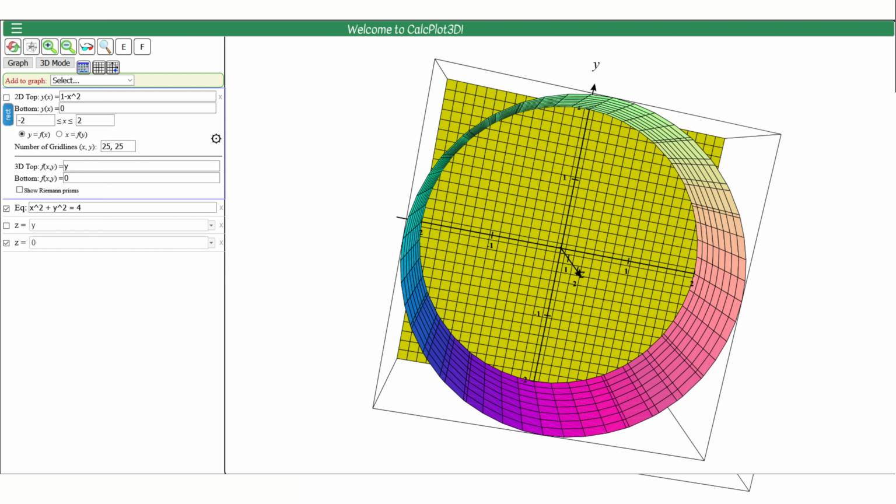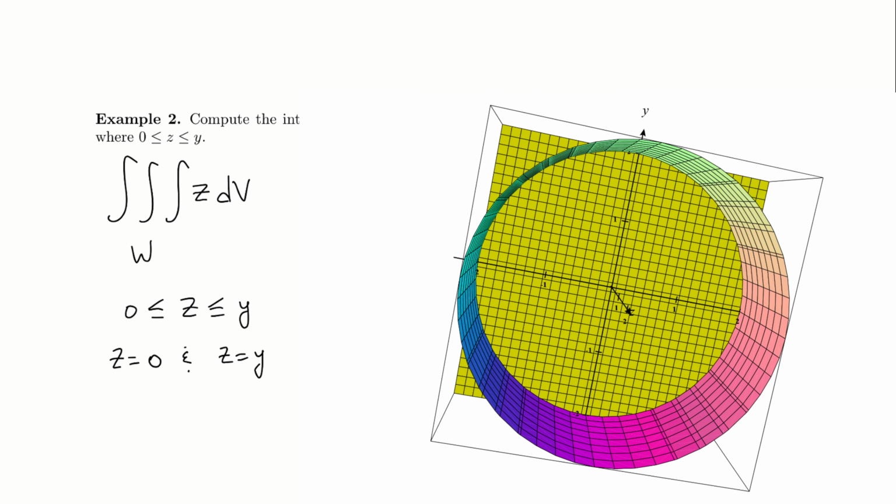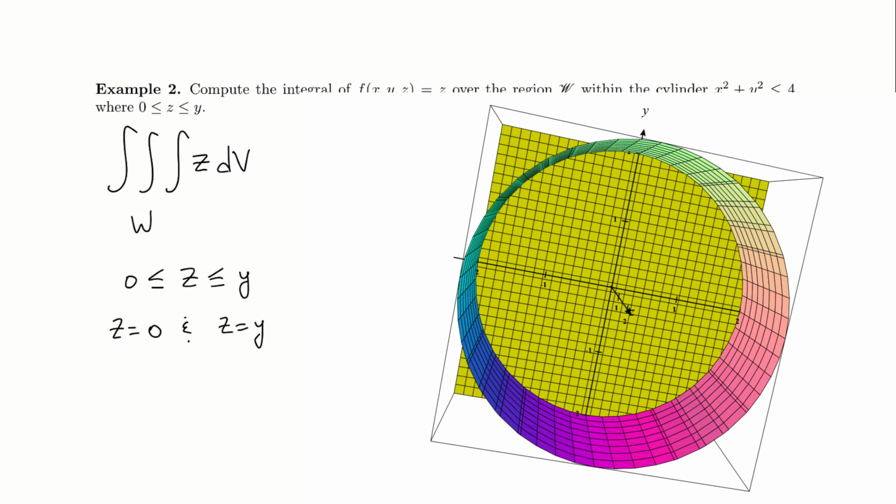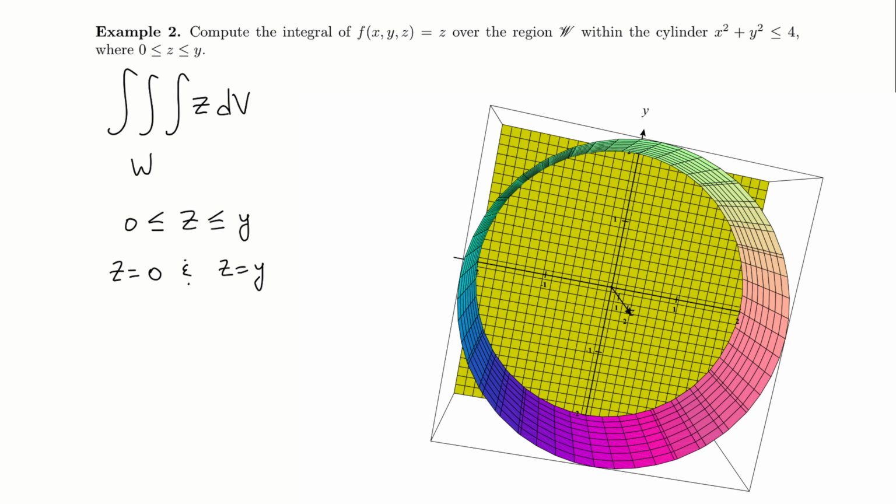So we take the equation of our cylinder, set it equal to 4, and solve for y, and we take the positive root. Since we want the top half, we should have the positive square root of 4 minus x squared.